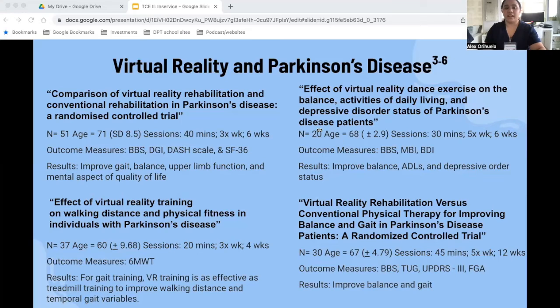As seen in this slide, the article that states comparison of virtual reality rehabilitation and conventional rehabilitation in Parkinson's disease gathered 25 males and 26 females for this study, around the age of 71, with the onset of Parkinson's disease around 73 months ago, and were split into 2 groups, the virtual reality group and a conventional group.